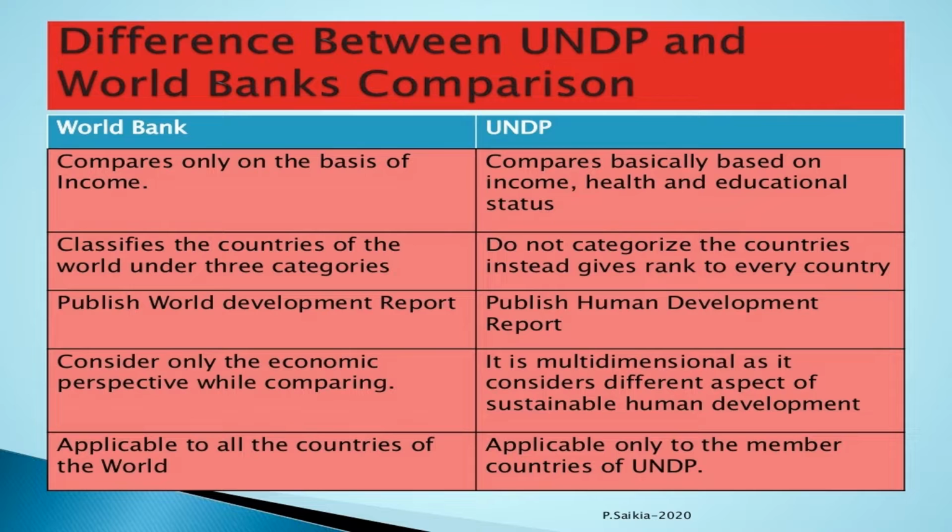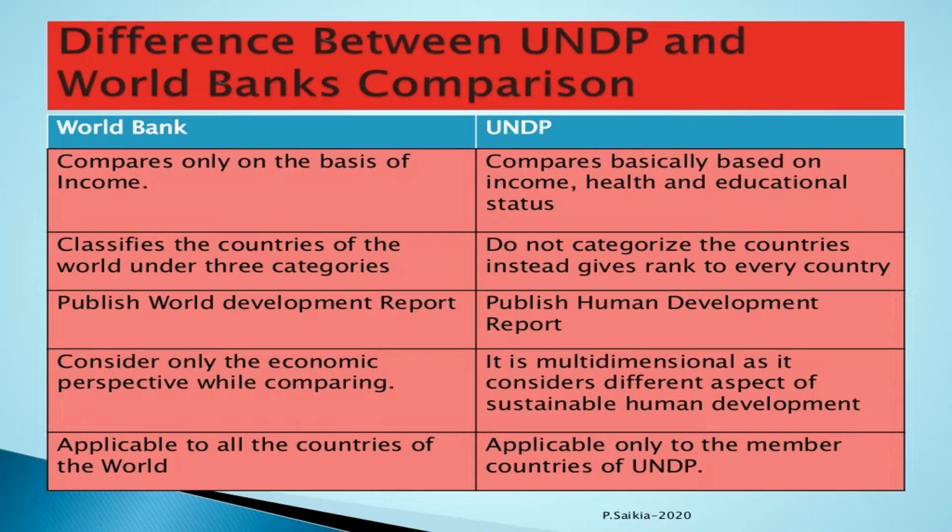Then the World Bank publishes the World Development Report. It considers only the economic perspective while comparing, and it is applicable to all the countries of the world. However, the UNDP compares basically not only the income but also health and the educational status. So they are looking more at an overall development, your holistic development.